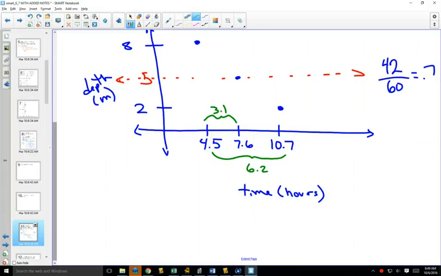Does it make sense that our graph is going to get back to the center line right here? What value is that going to be? 13.8. And then it's going to get back to our maximum right there at 16.9. And now we've got those 5 points. We can draw a nice smooth curve between them.